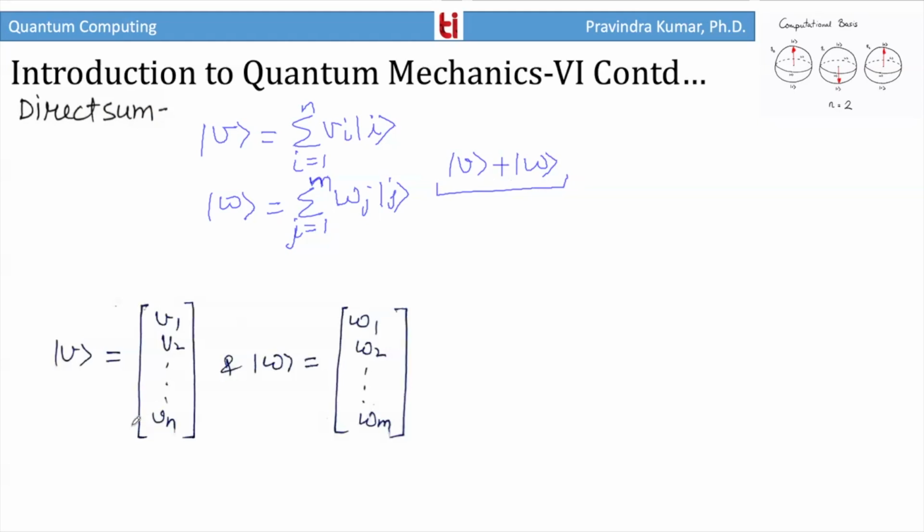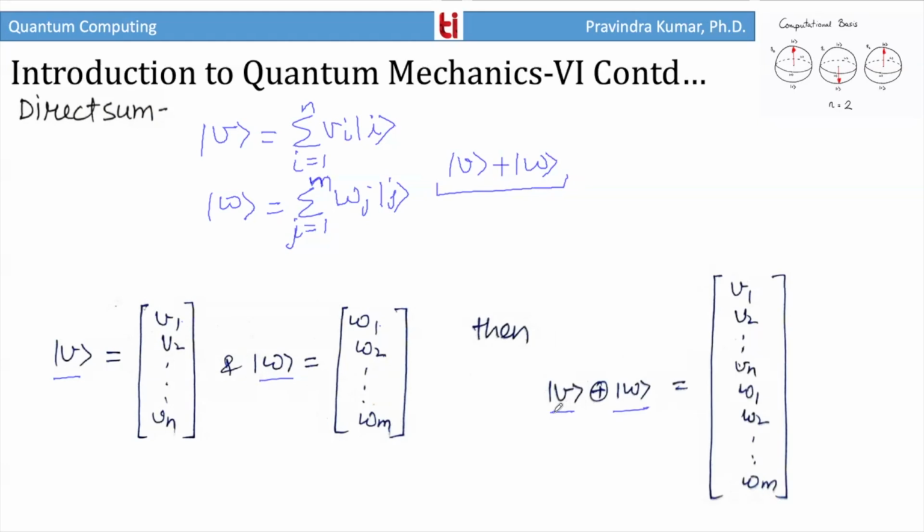So suppose we have the quantum state |v⟩ as a column vector with elements v1, v2 to vn, and |w⟩ having the elements w1, w2 to wm. Then the direct sum of these two quantum states is simply: first we write the elements of quantum state v, then we write the elements of quantum state w.